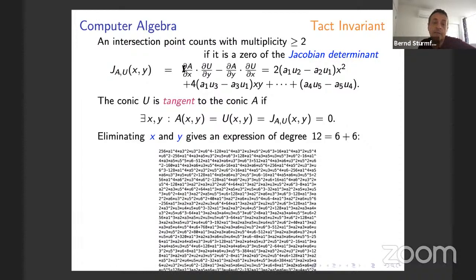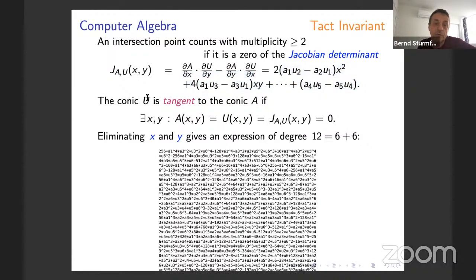Then I look at the Jacobian determinant: the partial of A with respect to x, times the partial of U with respect to y, minus the other product of partials. This is again a quadratic polynomial in x and y. And if this also vanishes, then the conic U is tangent to the conic A at that point.